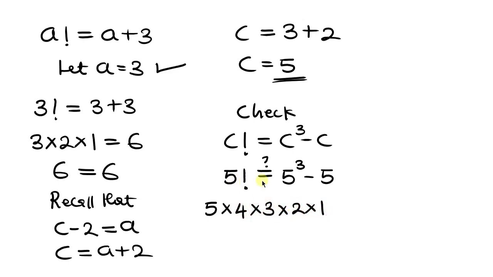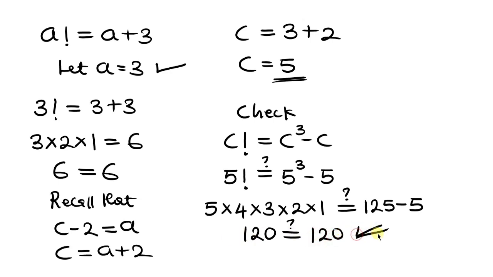On the right hand side, 5 cubed is 125 minus 5. Now 5 times 4, that's 20, times 3, that's 60, times 2 is 120, times 1. So we have 120 on the left hand side. Will this be equal to the right hand side? 125 minus 5 is 120.